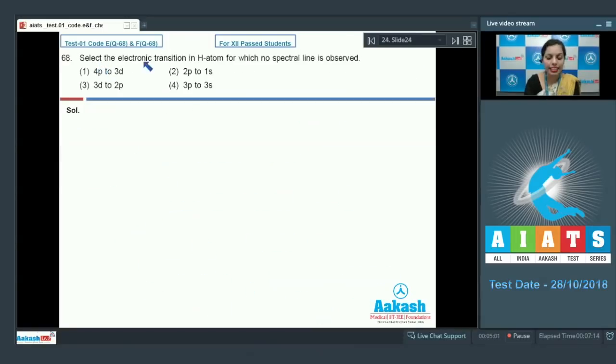Question number 68. Select the electronic transition in hydrogen atom for which no spectral line is observed.